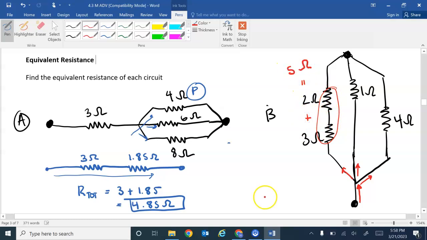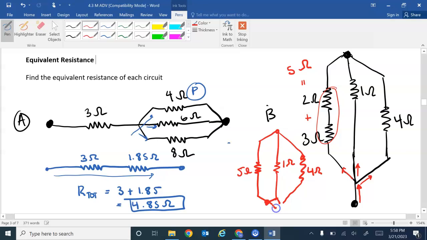Now we're going to redraw the circuit because we just simplified it. So we have a 5 ohm right here, and then the 1 ohm stays, and then the 4 ohm stays as well. Oopsies, that was a horrible redrawing. Okay, there we go. That's a little bit better.